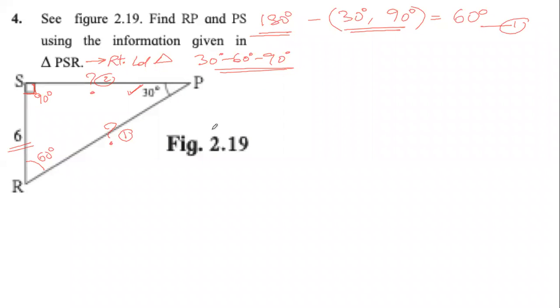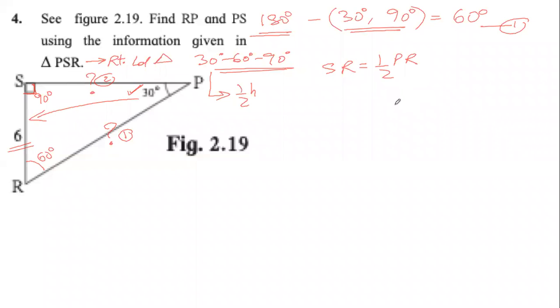In such a triangle, the side opposite to 30 degree angle is half of the hypotenuse. Here, the hypotenuse is PR or RP, however you may want to write it. So the side opposite to 30 degree angle is SR. SR equals 1/2 into hypotenuse, which is PR.